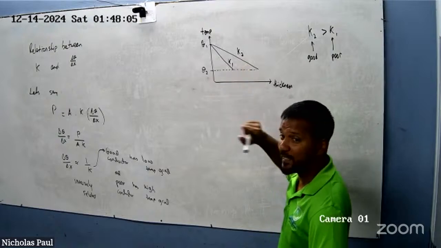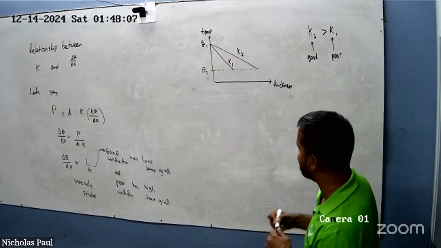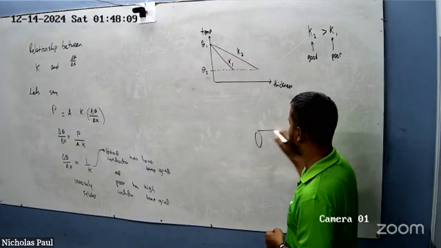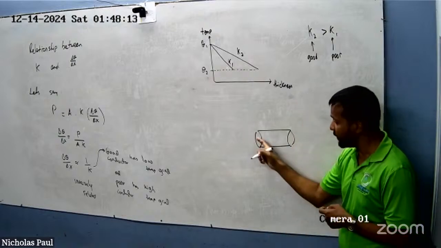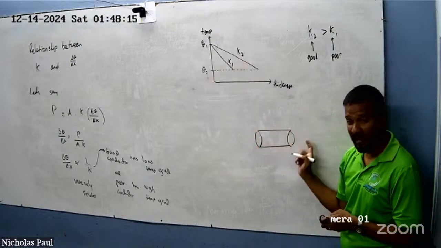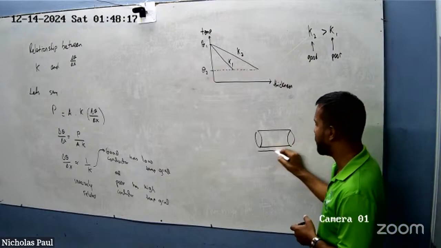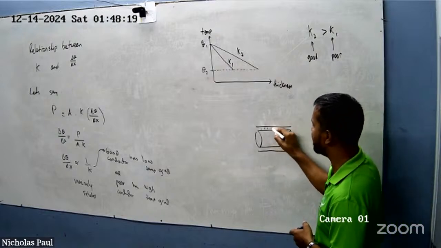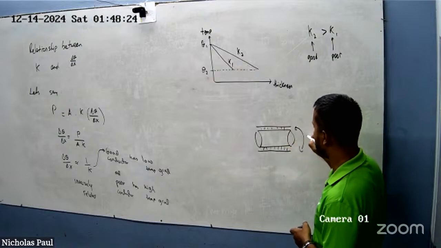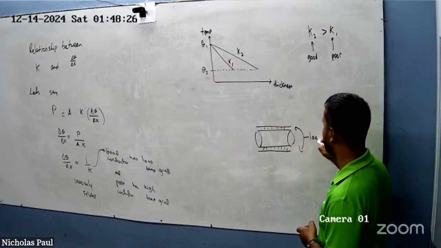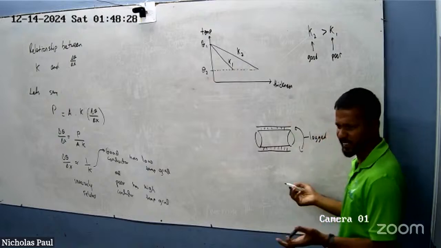So the way to get it, for example, if I give you a metal and you want the temperature to be a nice straight line, what you do is just insulate it. It's called lagging, just insulation.